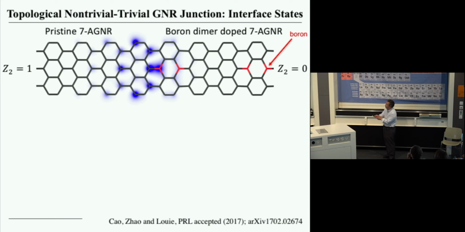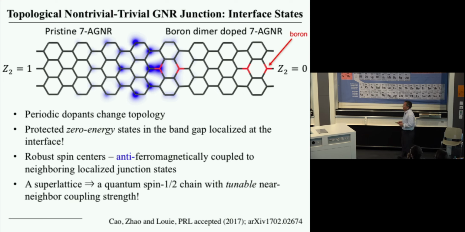So here on the left, Z2 is equal to 1, and on the right Z2 is equal to 0, and that gives rise to a very localized interface state. Periodic doping can change the band topology very much, even though geometrically there's nothing changed here except some of the atoms are replaced by boron.